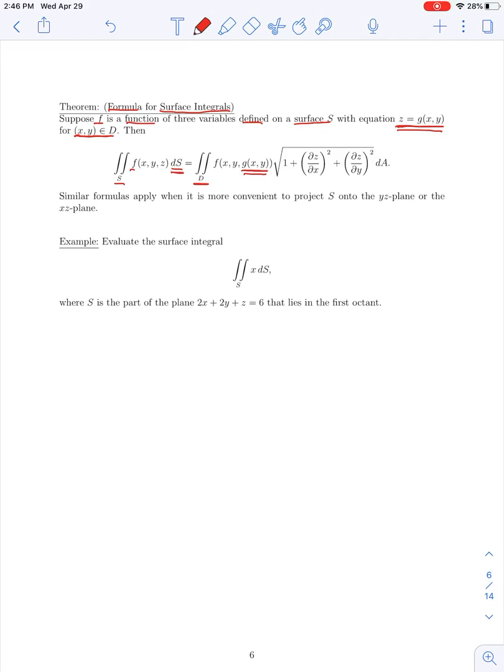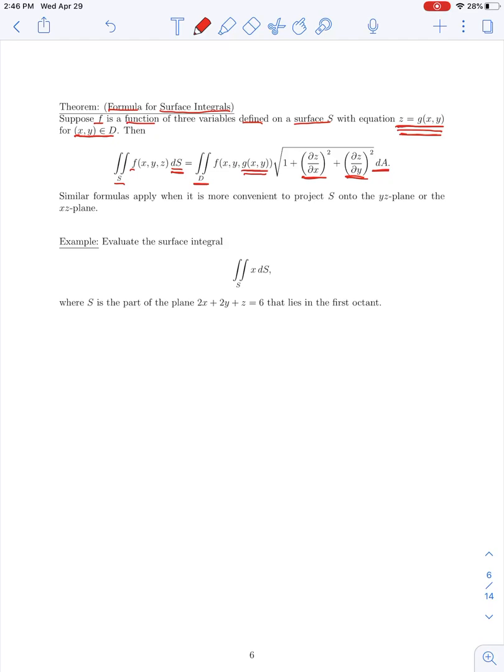Now our differential of s on the end, when we're converting to area, we had that differential of s was given by the square root of 1 plus the sum of the squares of the partial derivatives of the function which defines our surface, z, with respect to x and y, integrated with respect to area now.